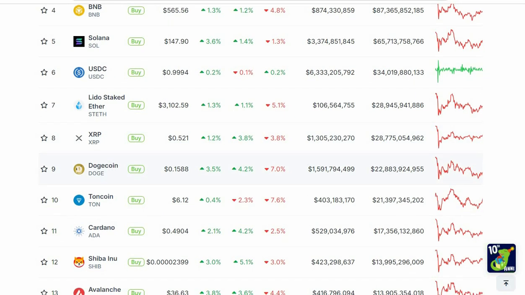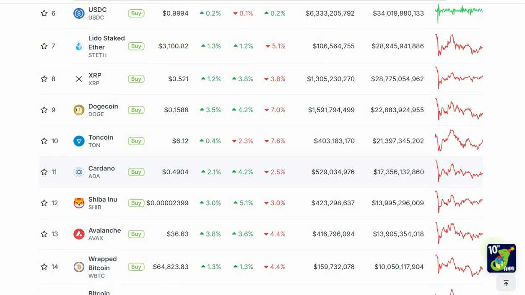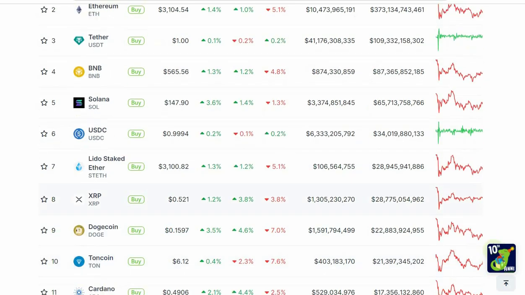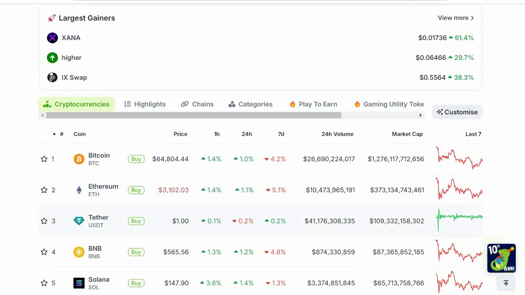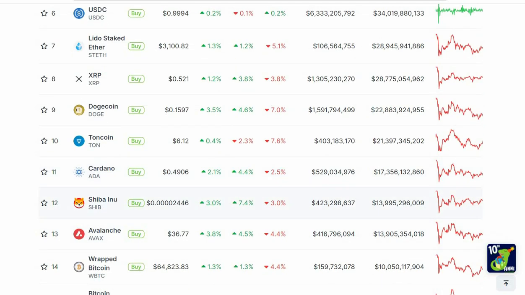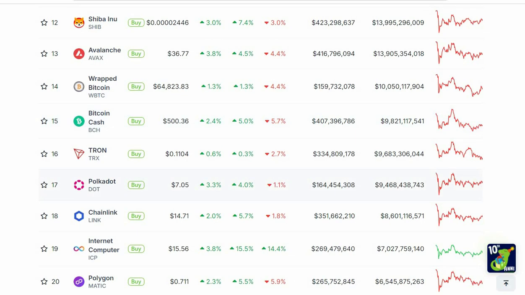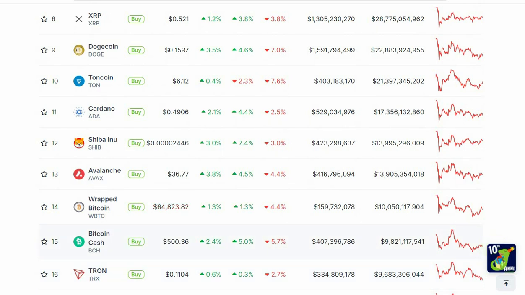So is that possible? You have to answer that question yourself, because it's really difficult to predict which coins are going to explode and be the top, because there's hundreds of cryptos and there's just a few spots here. So you have to be lucky picking the winner. It could be Dogecoin, it could be Shiba Inu, it could be Polkadot. We never know what the whales are going to decide to pump, and then the public is going to follow.